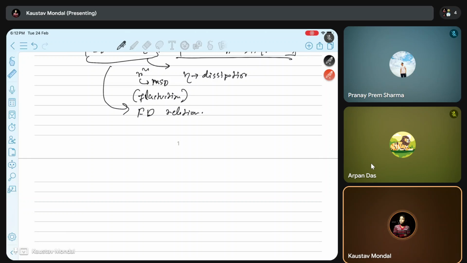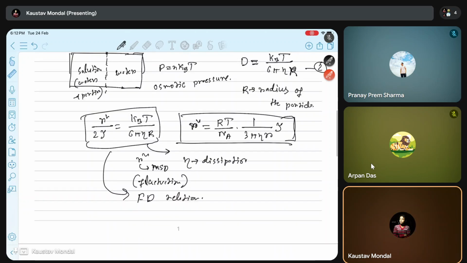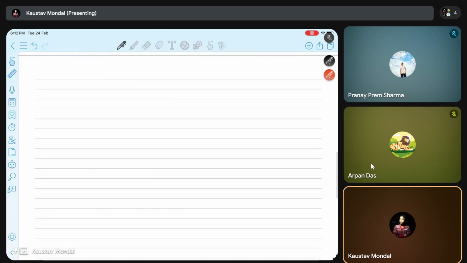Lastly, we have discussed the concept of sedimentation. Let's suppose in a water beaker or any water container, you put some Brownian particles inside.